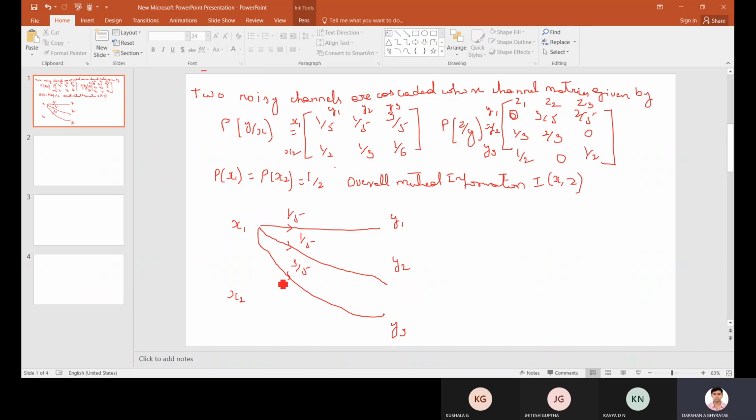Now we connect x2 to y1. What is the probability? It is 1 by 2. And P of y2 by x2 is given as 1 by 3.